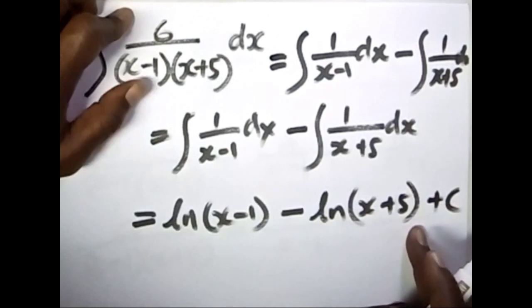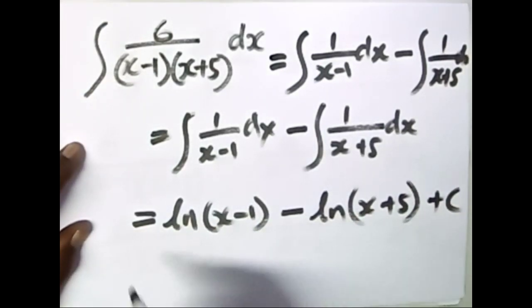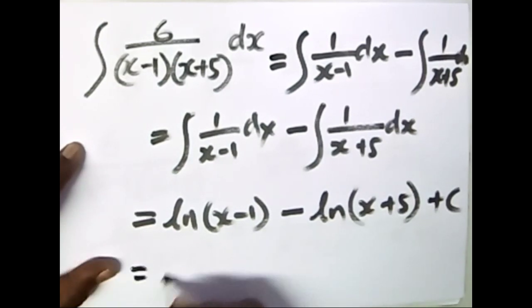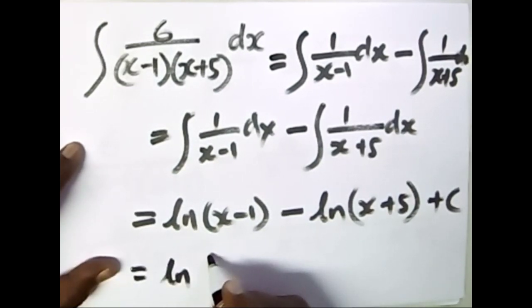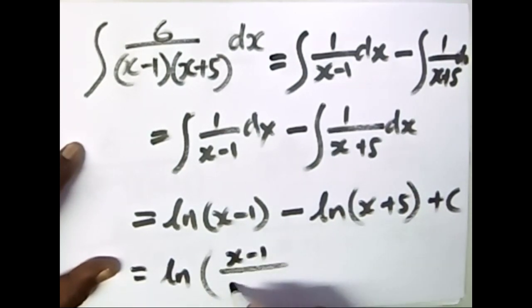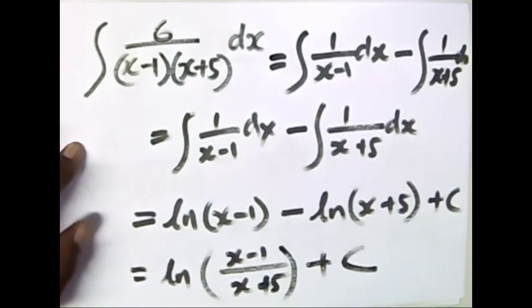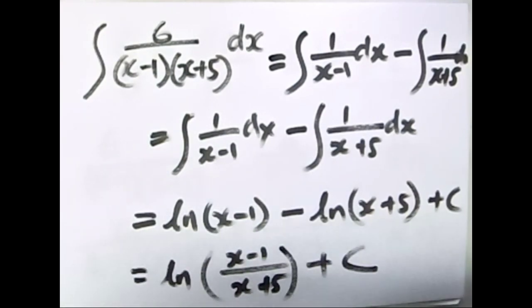And we can tap into a special property of natural logarithms by making this the natural logarithm of x minus 1 all over x plus 5 plus c. So we've gotten our answer.